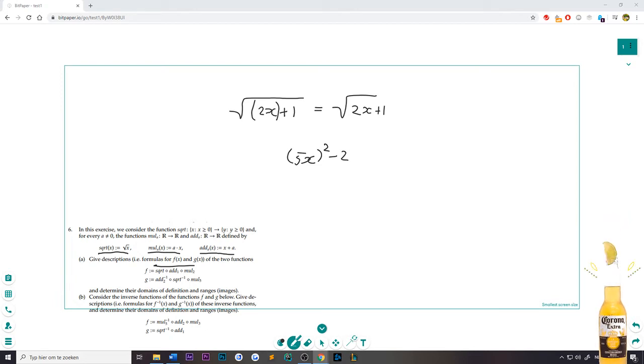Yeah, that's the correct answer. So that's for G, and this is for F. That's the first part.